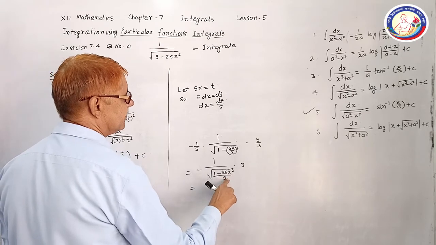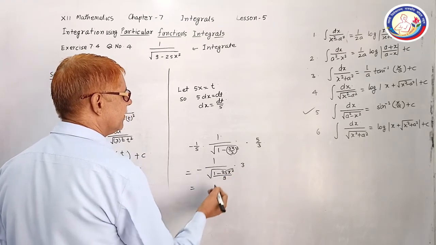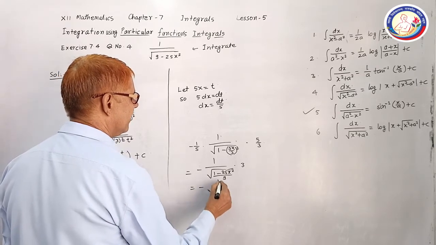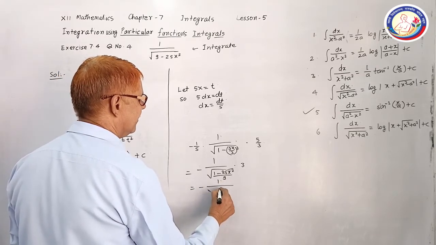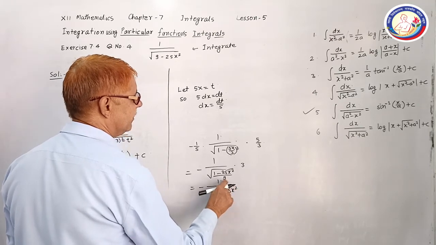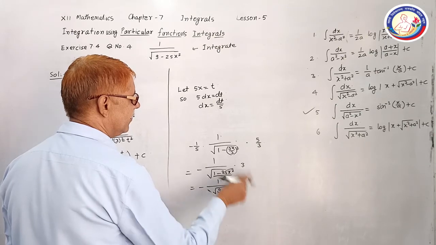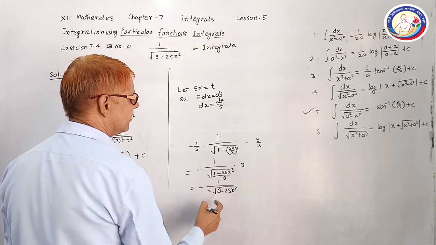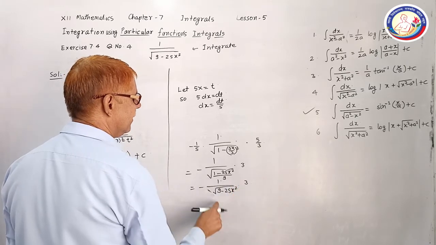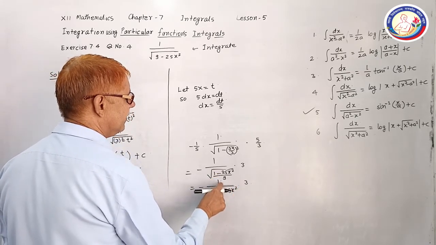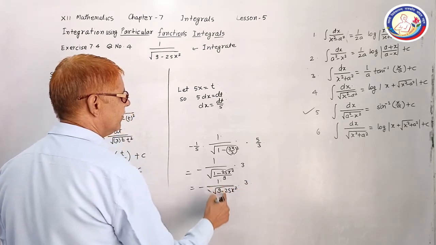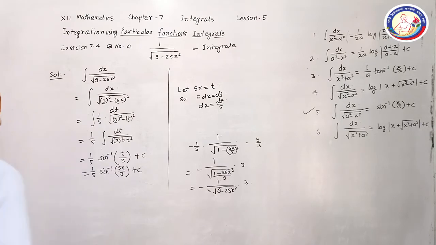If we take the square root of this, in the next step it will be 1 upon 9 minus 25x square, and this 1 by 3 we keep outside. So this is 3 here and it will be 1 by 3. So it cancels and we shall have only this function. So this is our answer.